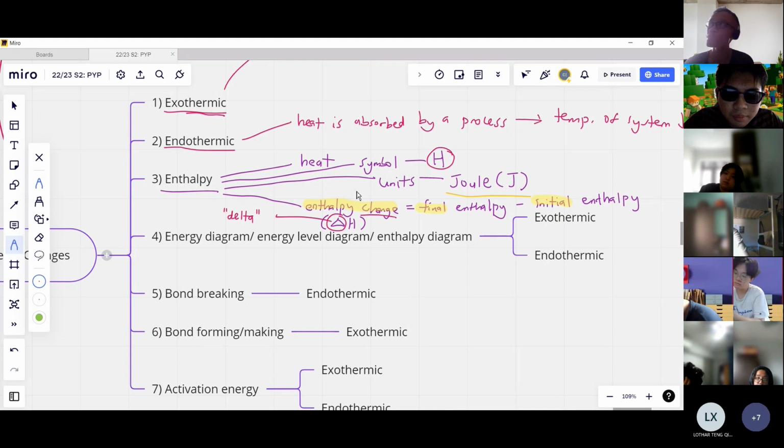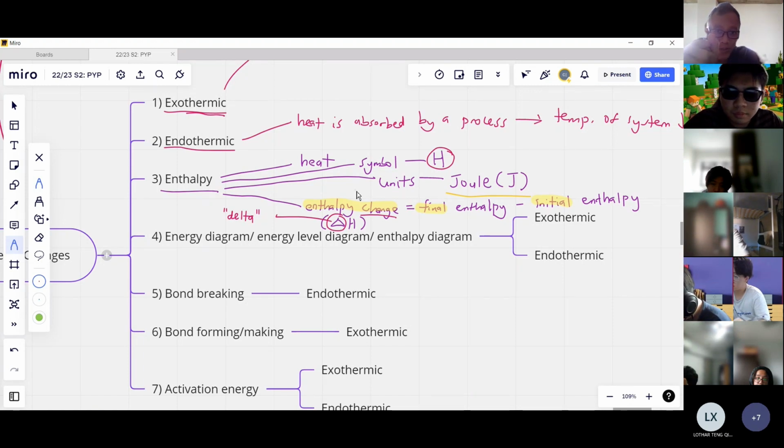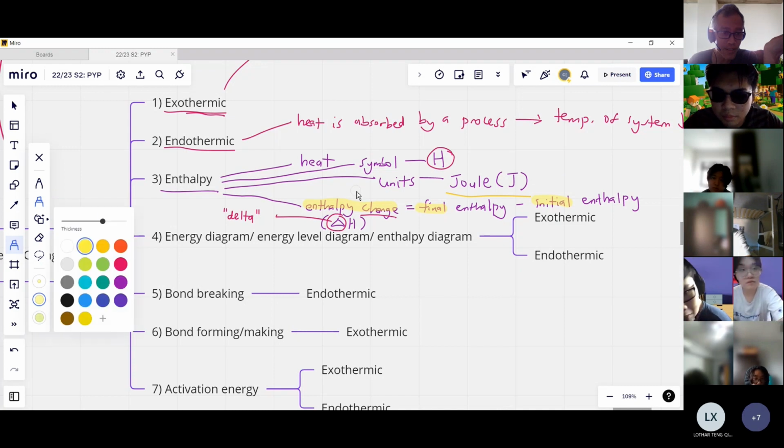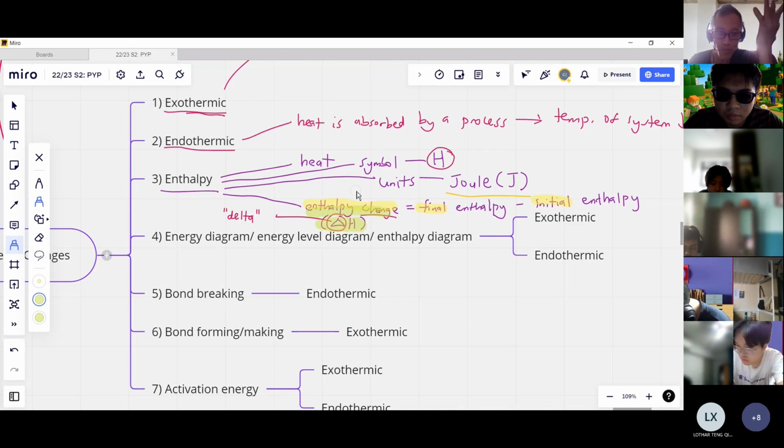Therefore, enthalpy change is also called delta H. Make sure you get used to it. Delta H means enthalpy change. So in the exam, you will either see the words enthalpy change, or you will see delta H. Make sure you know that they are the same thing.